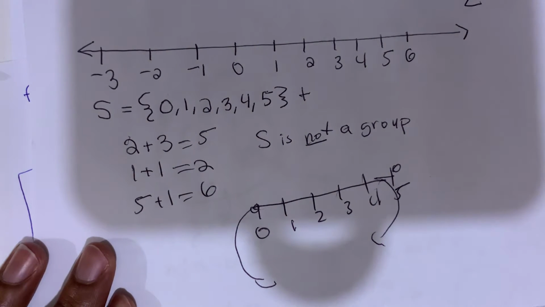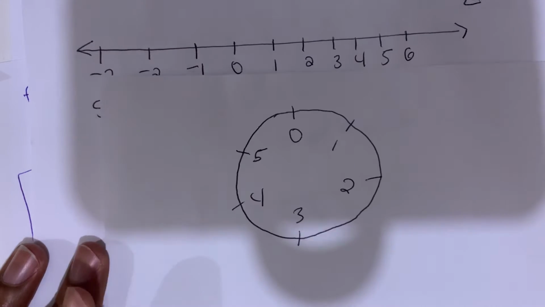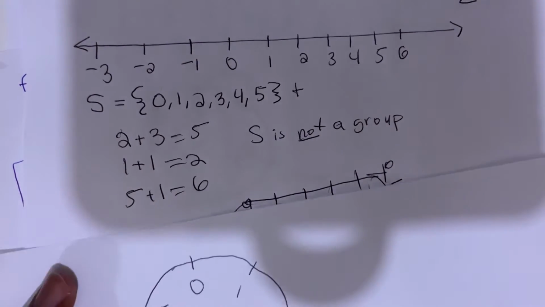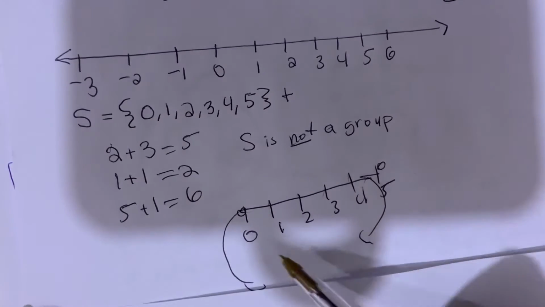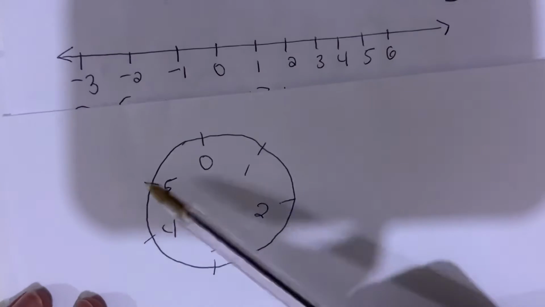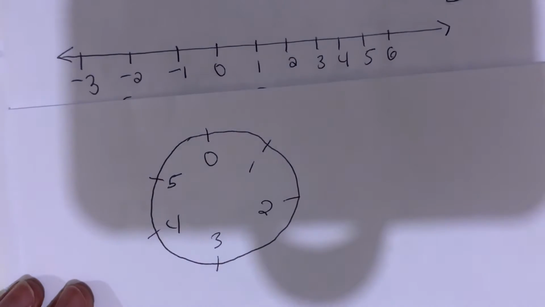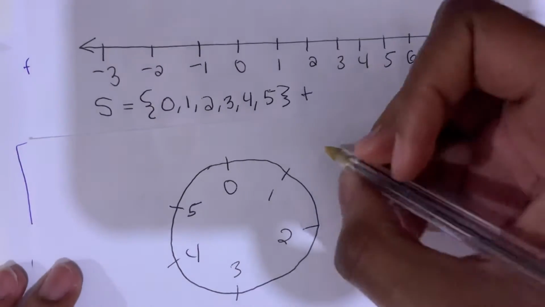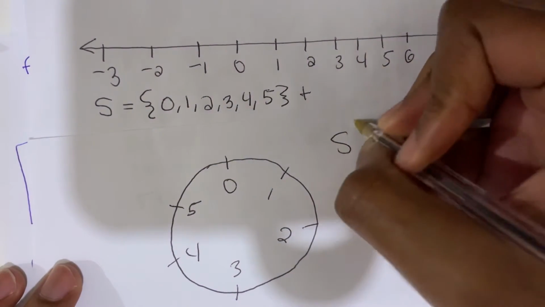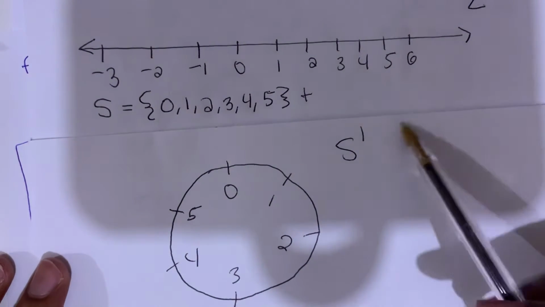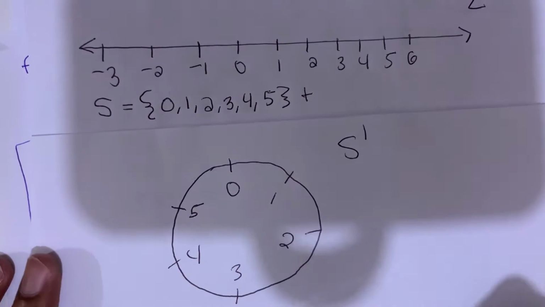When we do that, we get this over here. Let's call this circle S prime. Now, is S prime a group under addition?